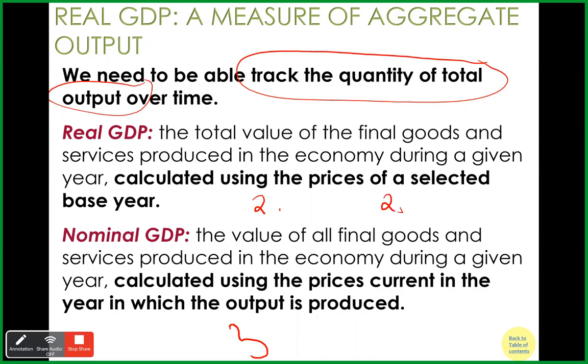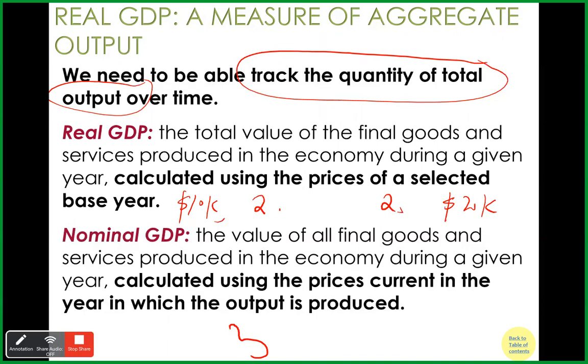The only difference is last year the car price is 10K, and this year the price of a car is 20K. And simply we can look at the GDP, right? So last year was 20K, and this year is 40K. But this 20K and 40K is going to give you a misleading view regarding the quantity if you only look at that number. So that's why we differentiate real versus nominal.